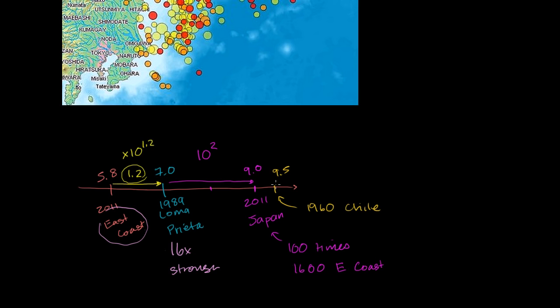And just to get a sense of how much stronger the Chilean earthquake was in 1960, there are some fascinating outcomes of the Japanese earthquake. It was estimated that Japan, over the course of the earthquake, got 13 feet wider. So this is doing something to the actual shape of a huge island.